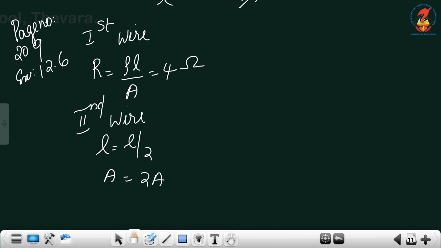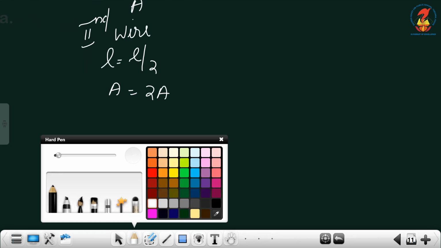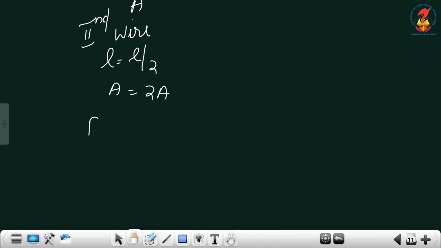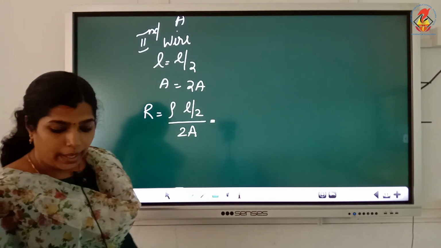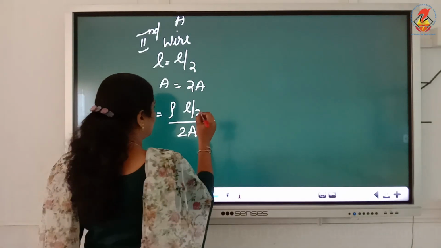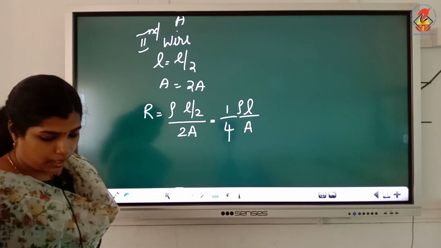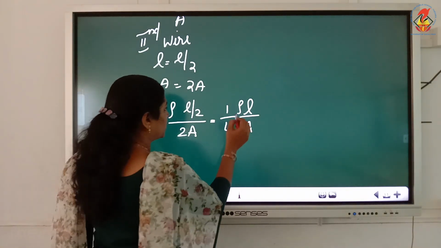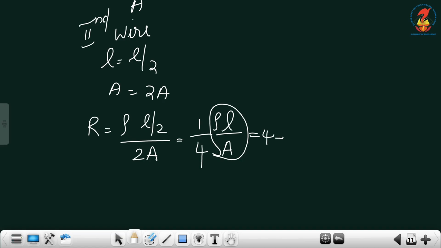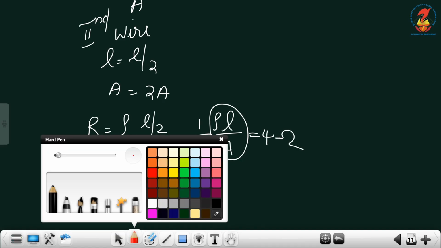We will substitute here. So, R equal to rho into L by 2 divided by 2A, that is, this 2 will go to the denominator, that is 1 by 4 rho L by A. Now, we know rho L by A is equal to 4 ohm as per our question.